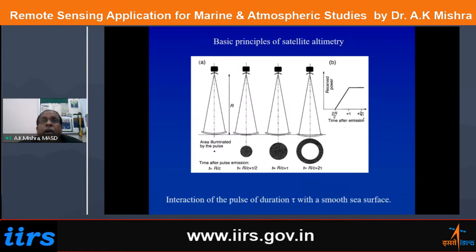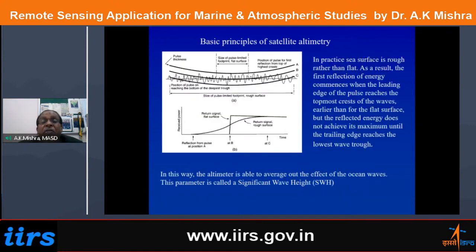The actual sea surface will be rough, and instead of a flat response, you will get a shape like this. So this is the return signal. It depends on how rough the sea surface is. So indirectly, it will give you information about significant wave height if you average it out.